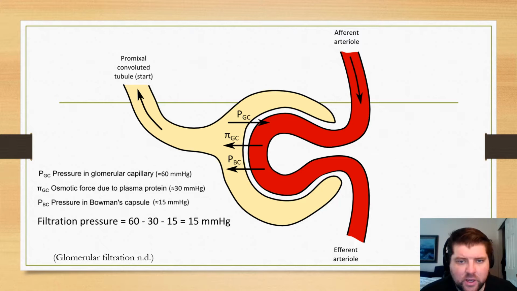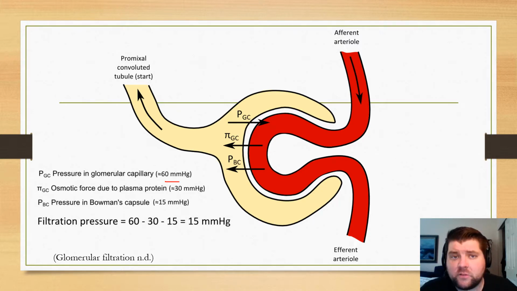And so here we see a different designation, which is the pressure of the glomerular capillary. Here it is given as 60. The pi GC, which is the osmotic force due to plasma protein, and the pressure in Bowman's capsule, which is just a reiteration of what we already went over before.